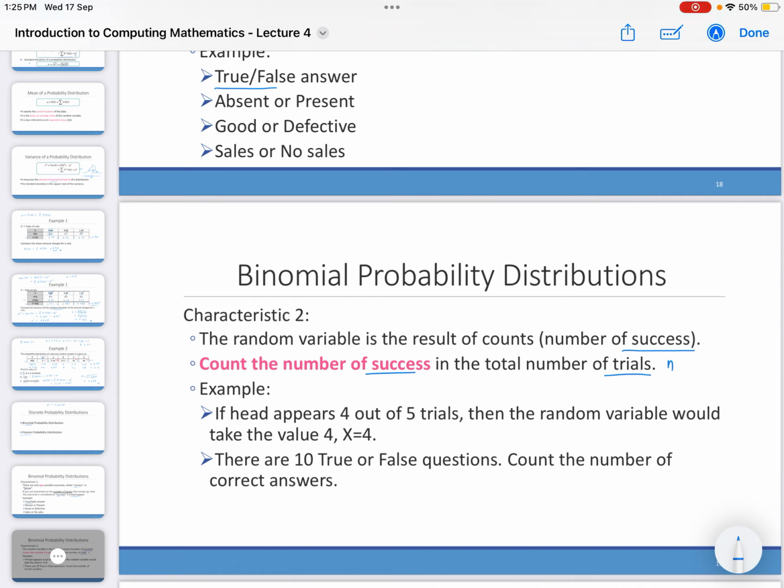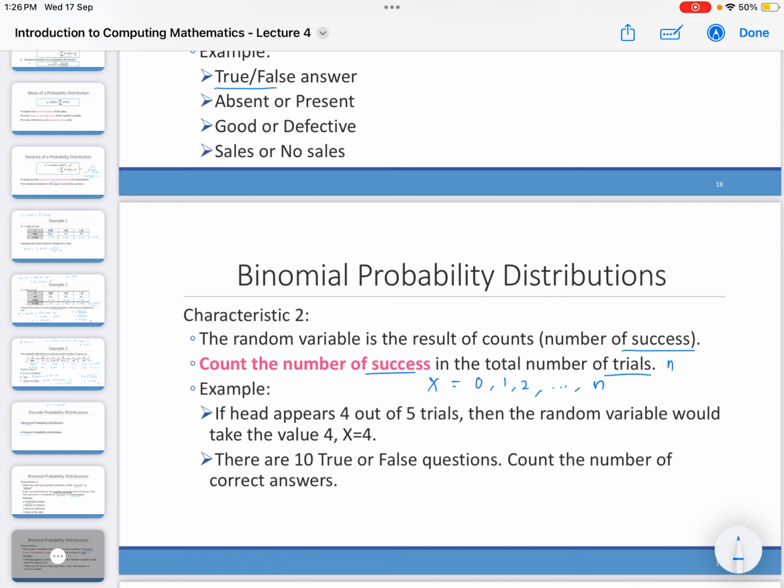So this one, the x, can start from 0, which means no success, and then one success, and then 2 successes, and so on, up until n successes, because we only have n trials. So the maximum count here must be n, the number of trials.